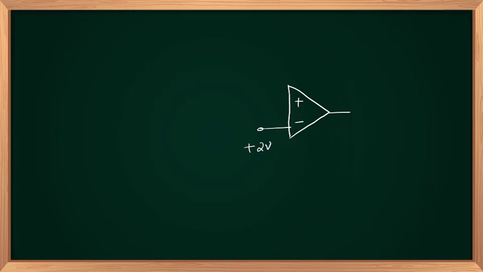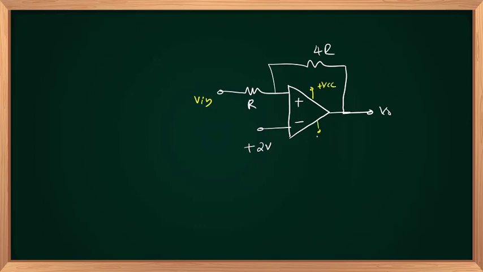Doesn't matter, it should be a positive or negative value. And I'm using the same resistors, V out, R, and this is my V in. Of course, I'll have supply voltages plus VCC and minus VCC, right?